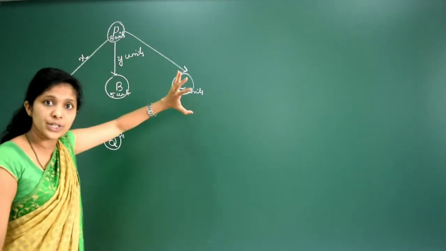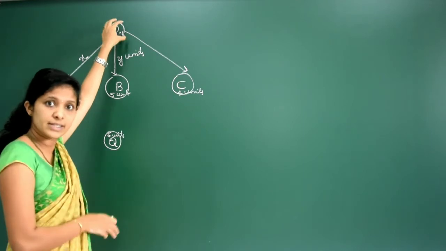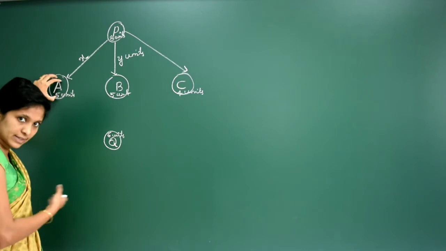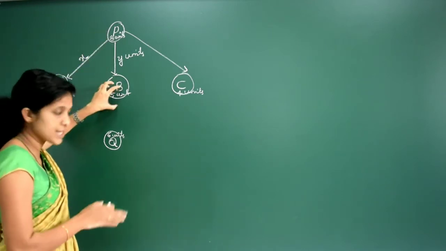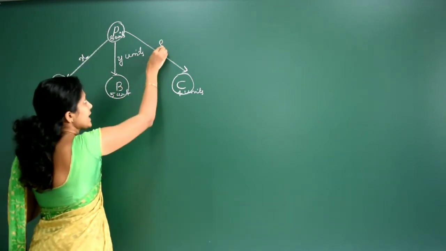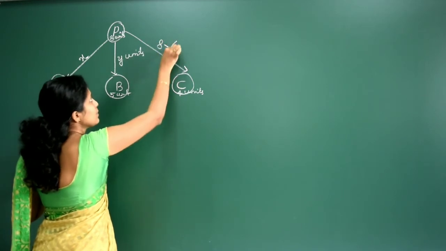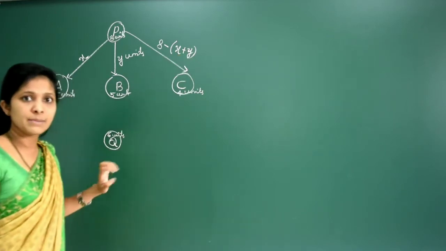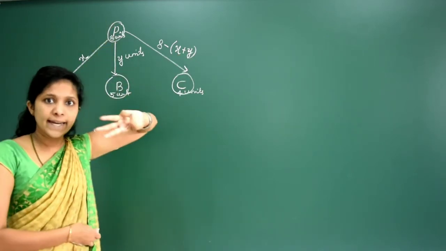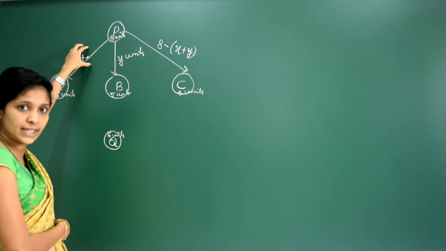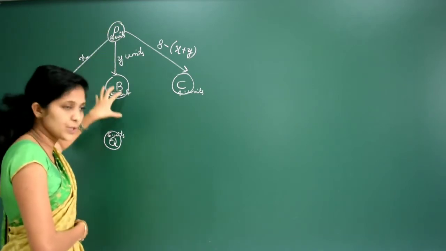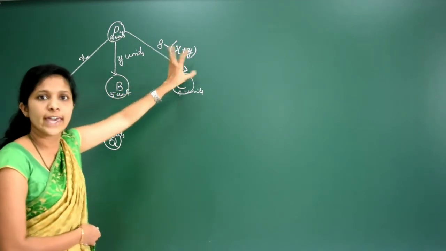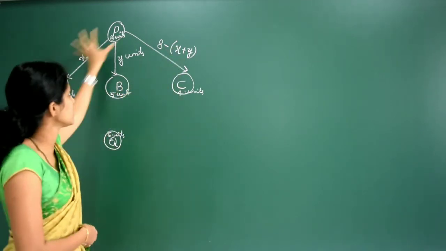The maximum P can give is 8 units. Already X units are given to A and Y units to B, so we need to remove X plus Y from 8. So the amount transported to C is 8 minus (X plus Y). Is it clear?